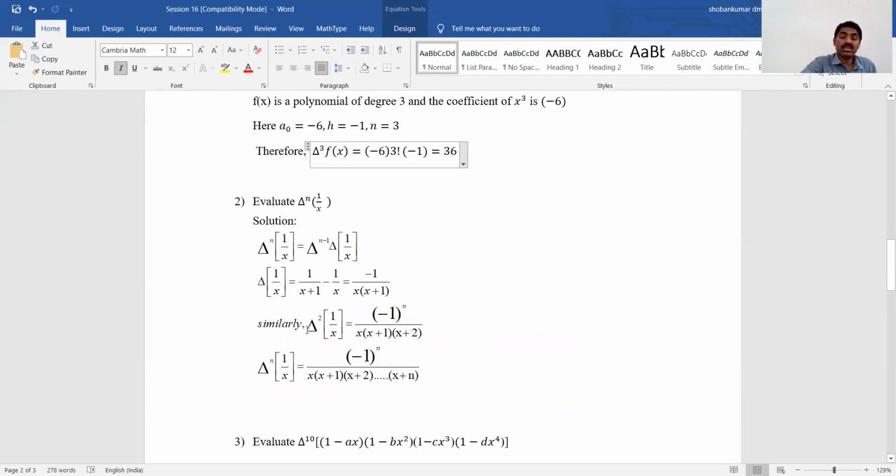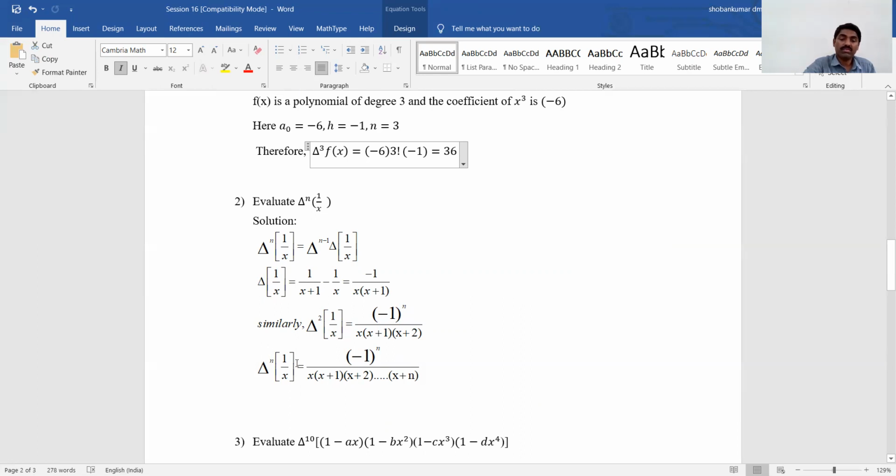Similarly, del square of 1 by x is minus 1 to the power 2 divided by x into x plus 1 into x plus 2. Here for del of 1 by x, the last term is x plus 1. For del square of 1 by x, the last term in the denominator is x plus 2.